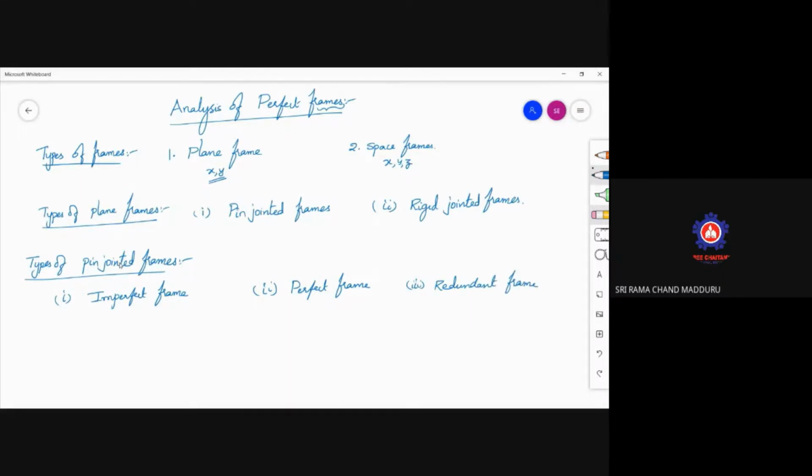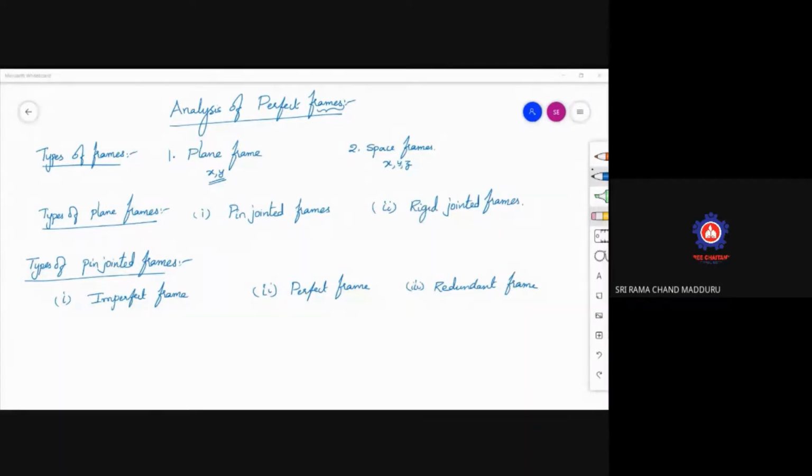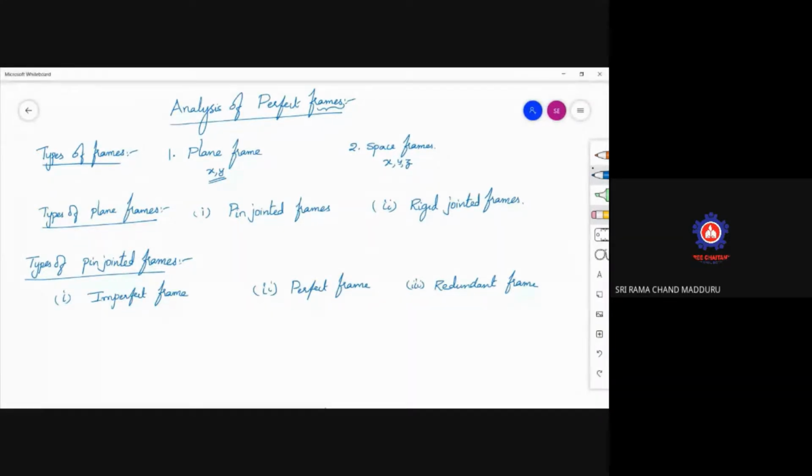Just listen once again: these pin jointed frames are classified into three categories: imperfect, perfect, as well as redundant. What is meant by imperfect here? What is meant by perfect? What is meant by redundant? That we will see here.